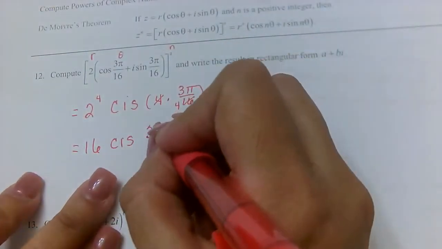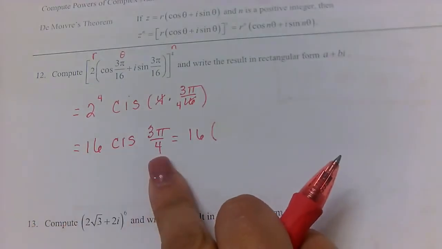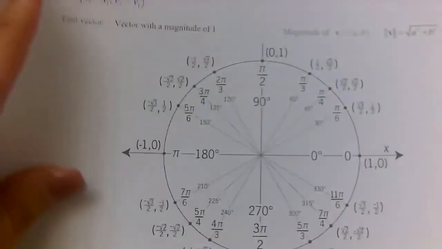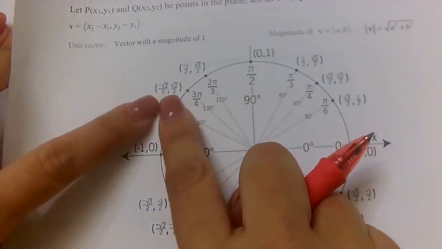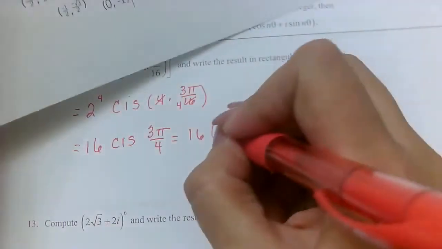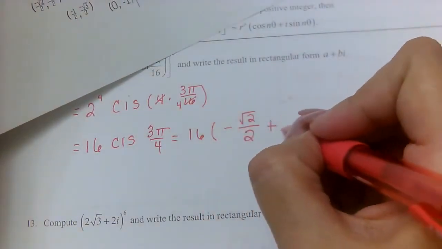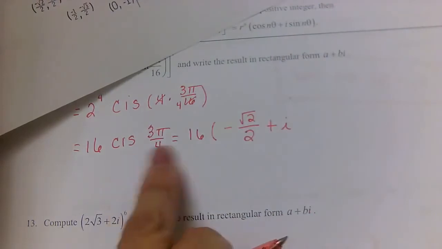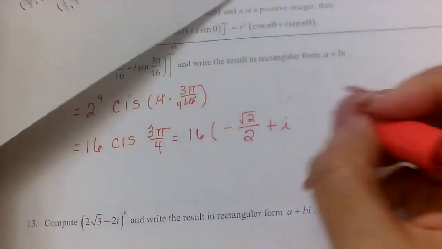Okay, so this is going to be the same thing as saying 16 cosine of 3 pi over 4. Use your unit circle. Cosine of 3 pi over 4 is negative square root of 2 over 2 plus i sine of 3 pi over 4. Sine of 3 pi over 4 is square root of 2 over 2.